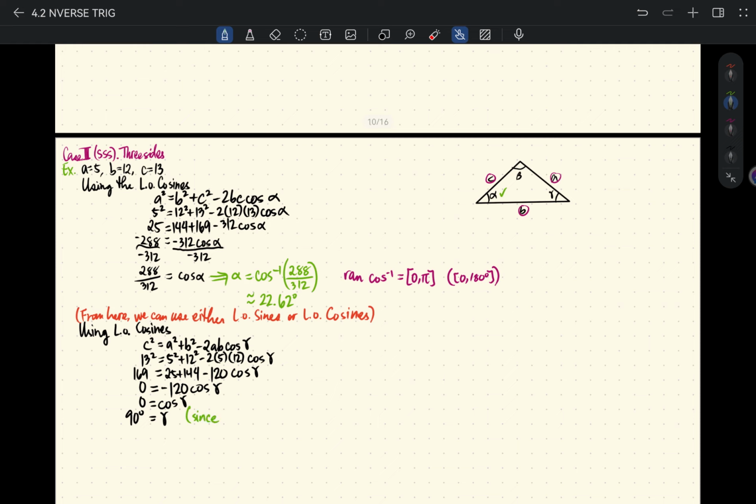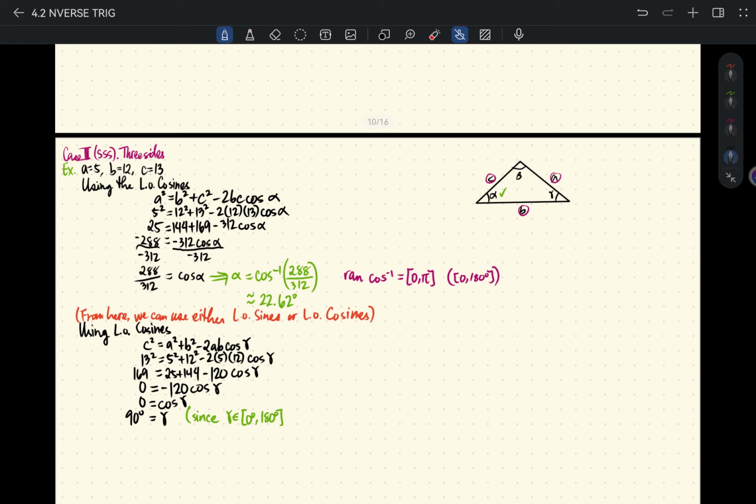Since gamma is in the interval 0 degrees to 180 degrees. And as you can see, we have a right angle. So what does that mean? Actually, we're talking about a right triangle. And in particular, this is one of the famous Pythagorean triples, the 5, 12, 13 triangle.